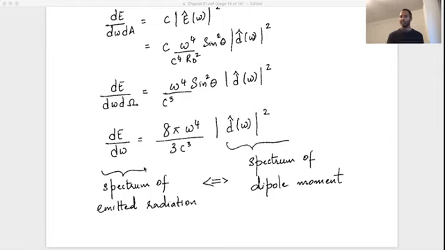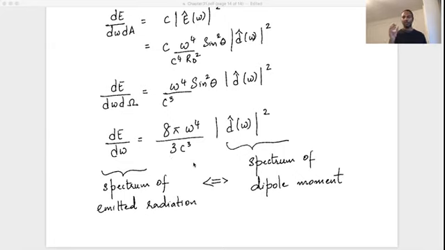And you'll actually see when we do synchrotron emission that when the charges are relativistic, so we can't use the dipole approximation, even though the charge is doing a simple periodic motion in a circle, its emission is not at a single frequency, the frequency of gyration. It actually has a lot of different spectral components. And so this doesn't hold. But at least when the charges are non-relativistic, in the dipole approximation, this holds.